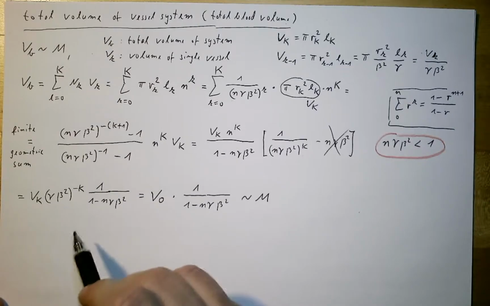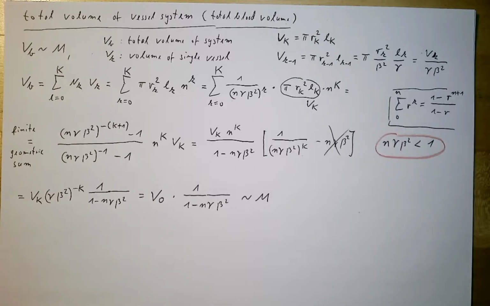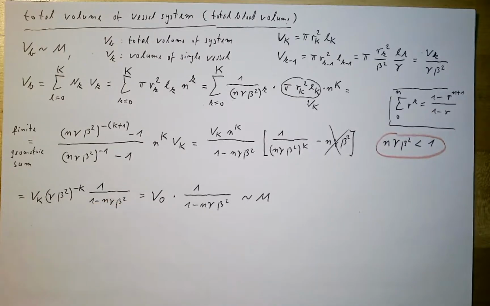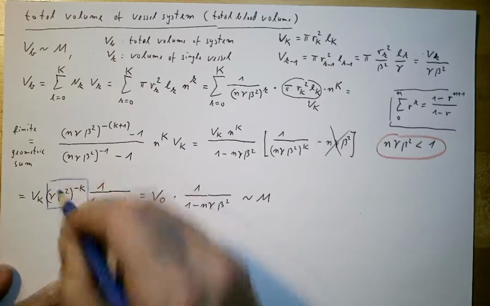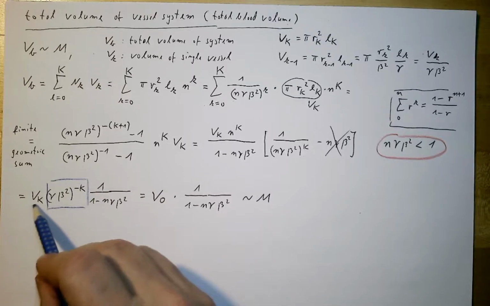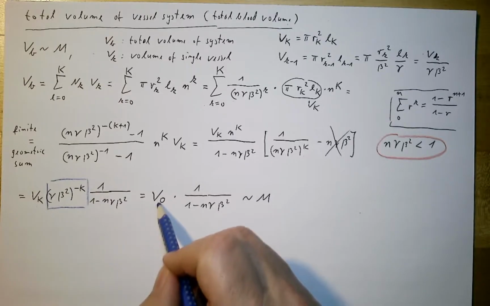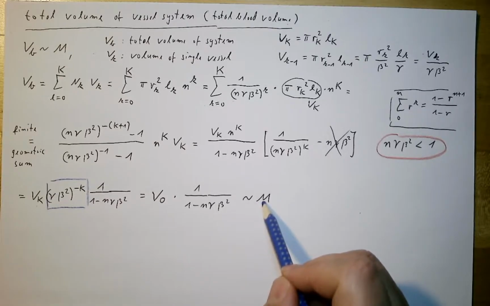So in the end, we see that this crucial term, the scaling factor which scales the volume of a capillary to the volume of the aorta, must be proportional to m.